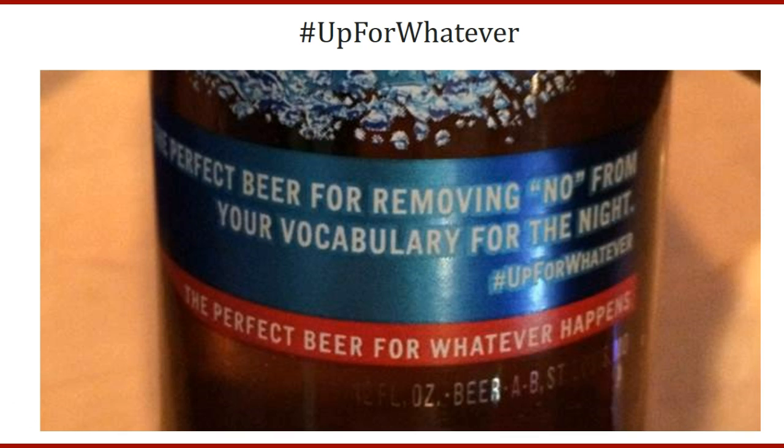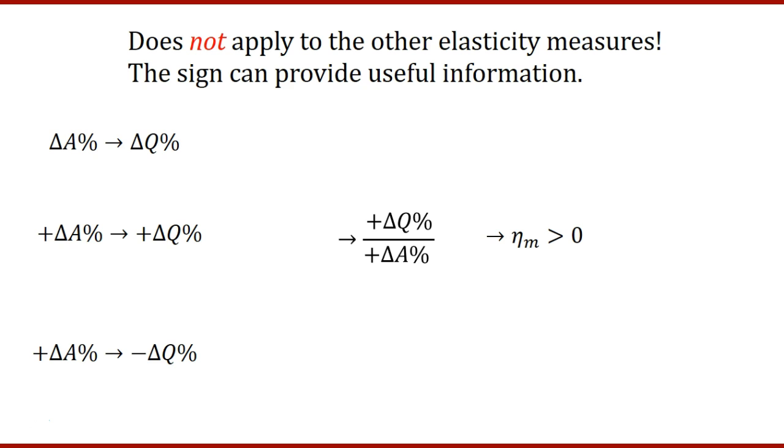So that was a particularly disastrous campaign, as it turns out, and as a result we had this relationship between the advertising expenditure and the quantity demanded. That is, the increase in advertising expenditure represented as a percentage contributed to the decrease in the quantity demanded of Bud Light.